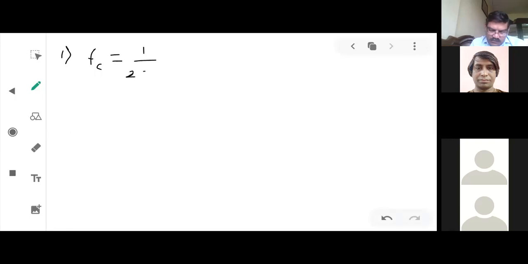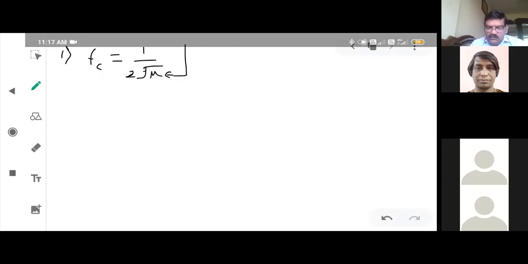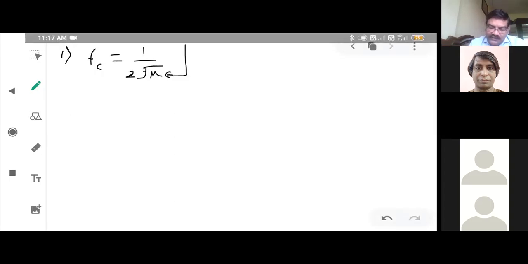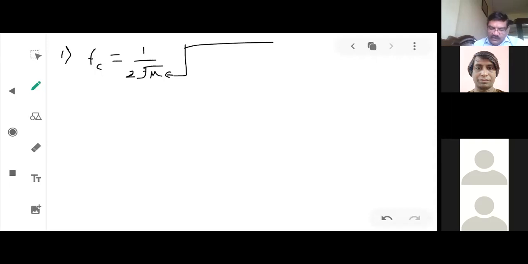That cutoff frequency is given by 1 by 2 root of mu epsilon, times the square root of (m by a) the whole square plus (n by b) the whole square.